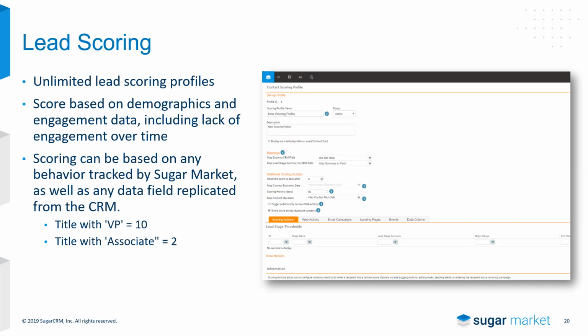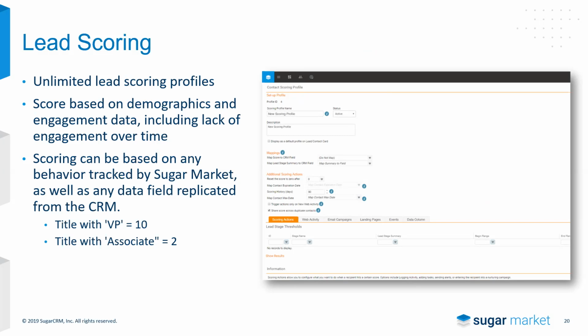We also score on 2 different types of data. One is going to be engagement data: have they been on your website, have they opened emails, have they completed a form. But the other is going to be demographic or firmographic information. So a great example of this is titles. Maybe your ideal customer is someone with a VP of marketing title, and they fill out a form and put their title in as a VP of marketing.